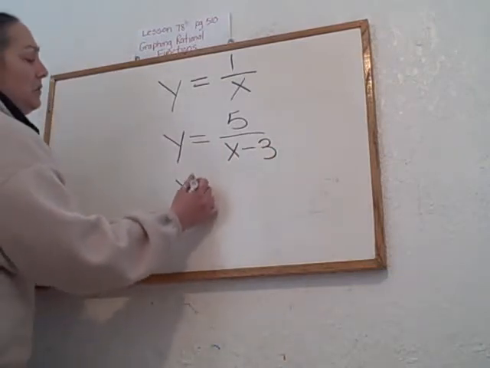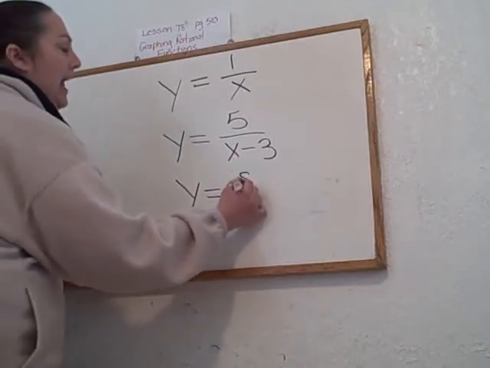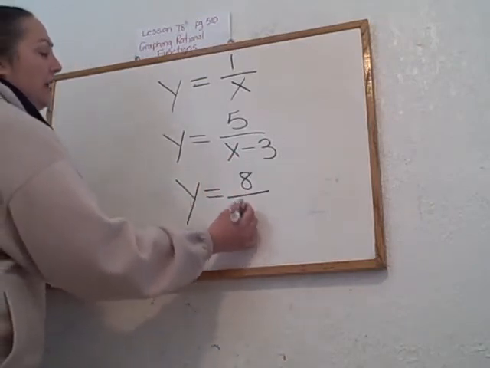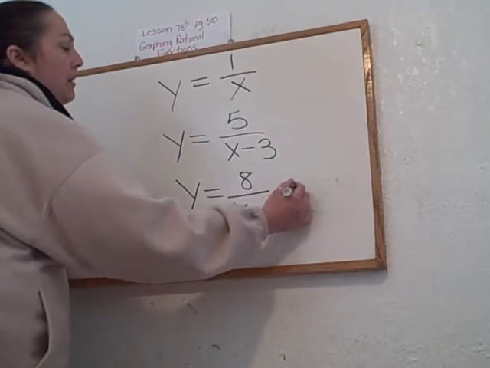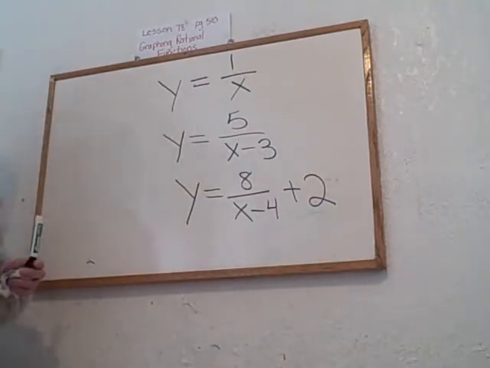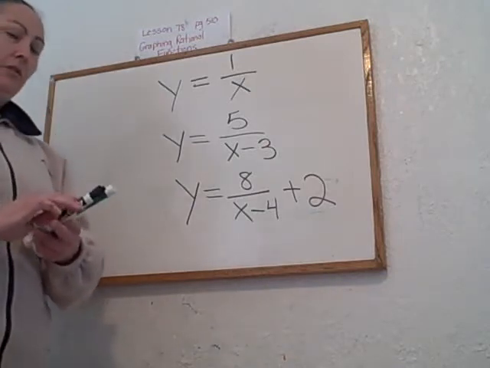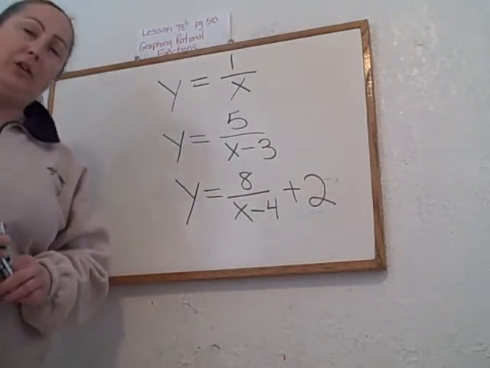And finally, we'll look at examples like y equals 8 over x minus 4, plus 2. To graph rational functions, you need to understand asymptotes.